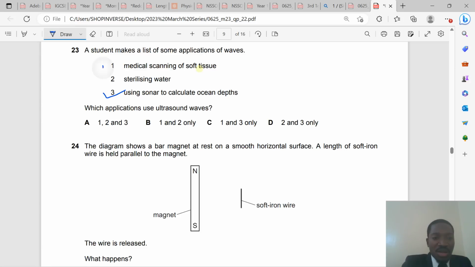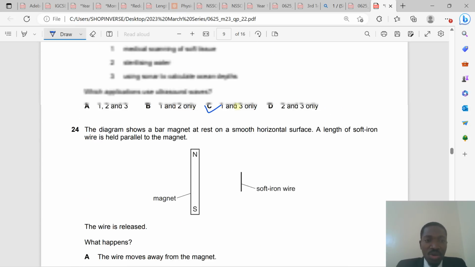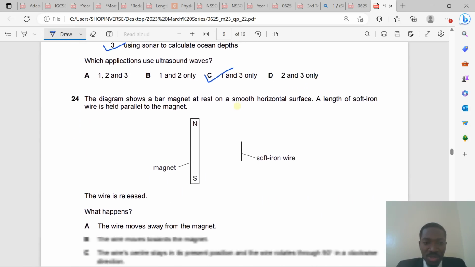Also, you can use ultrasound to scan soft tissue. If you want to scan bone, then we use X-rays. For sterilizing water, we use ultraviolet rays. So only 1 and 3 satisfy that condition, which is option C.